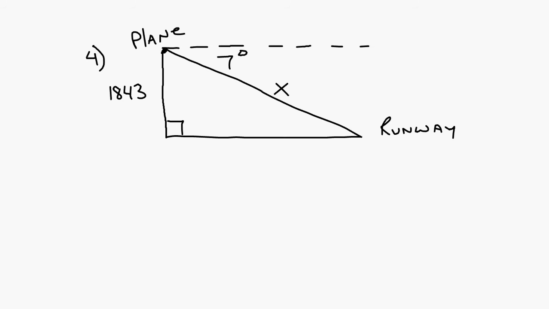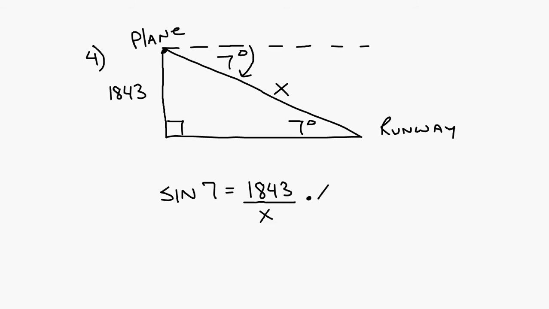So again, if this angle of depression is 7, then this angle is 7 degrees. You're dealing with opposite and hypotenuse, so it's sine again. Sine of 7 equals opposite over the hypotenuse.